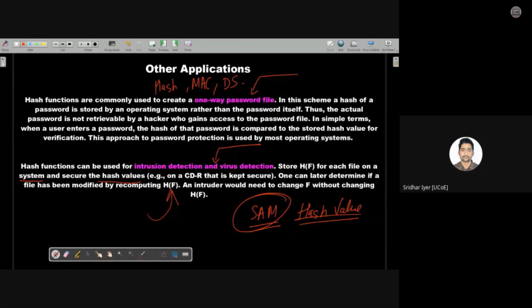Am I clear? This comes really handy from the digital forensics point of view. You're going to learn about it in your final year, Sem 7. There is an elective, Advanced System Security and Digital Forensics. If you opt for it, you will come to know what the various phases of digital forensics are. Fine. So it forms a very fundamental aspect of that.